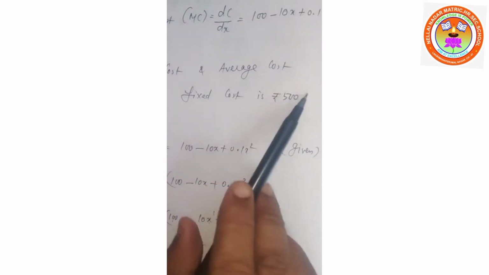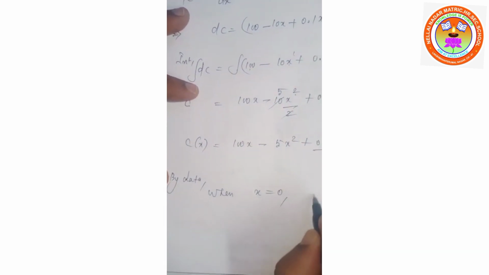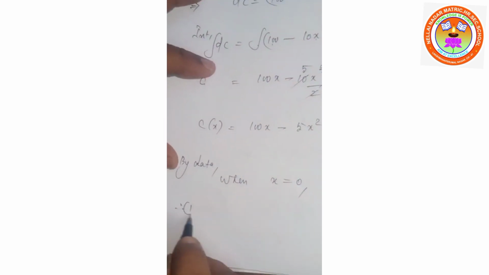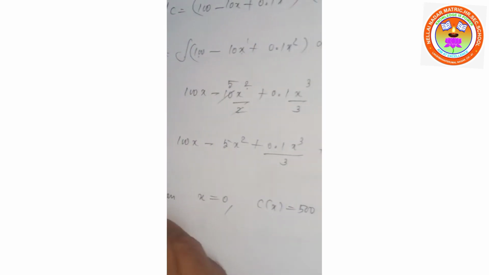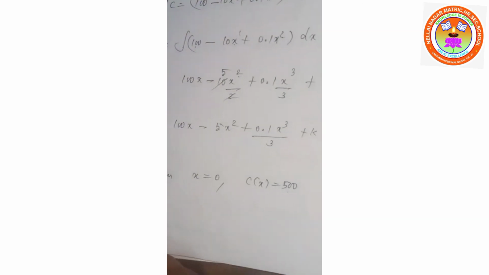What is the given value of c of x? 500. By data, when x equals 0, c of x is equal to 500. Therefore, equation 1 implies, in equation number 1, what is in the left hand side? C of x. That c of x can be replaced by 500.